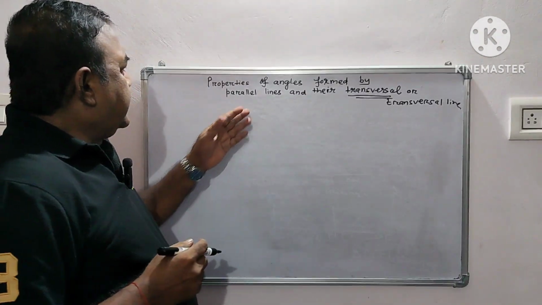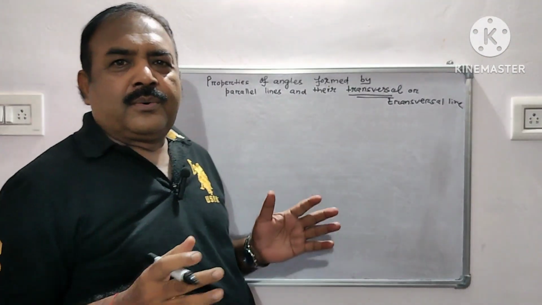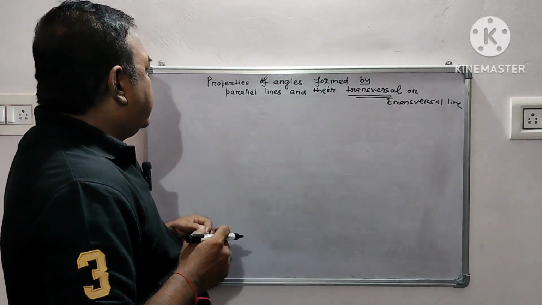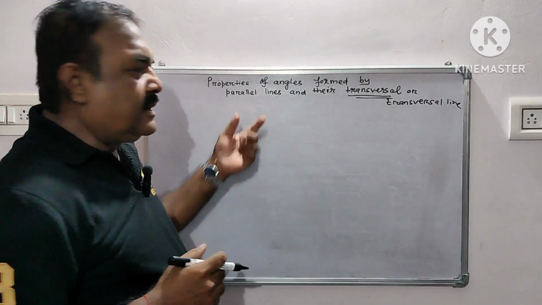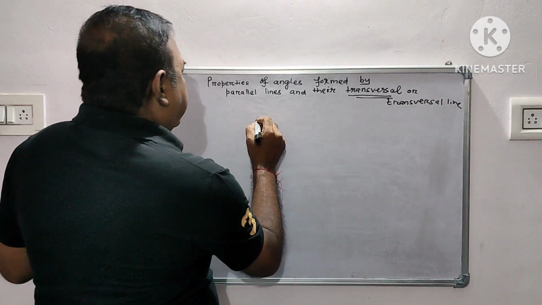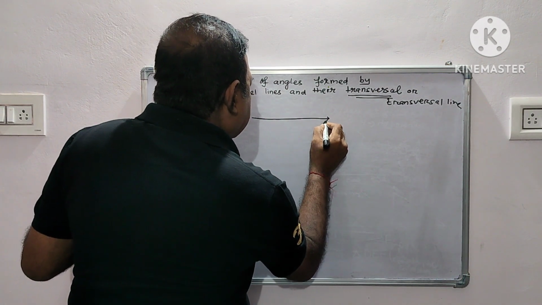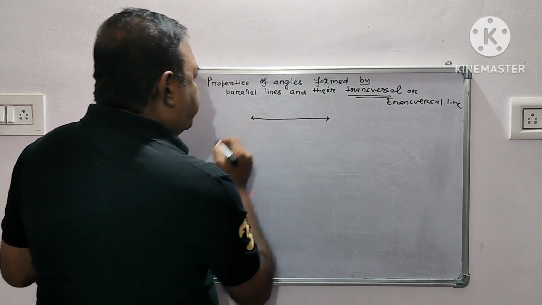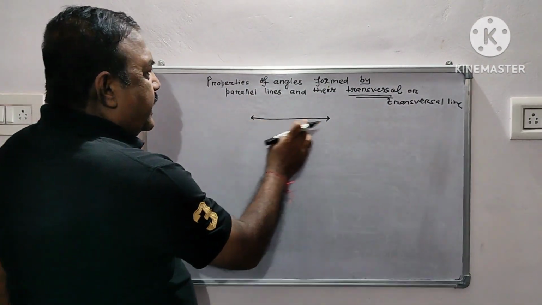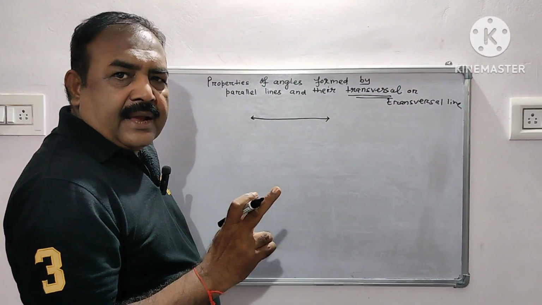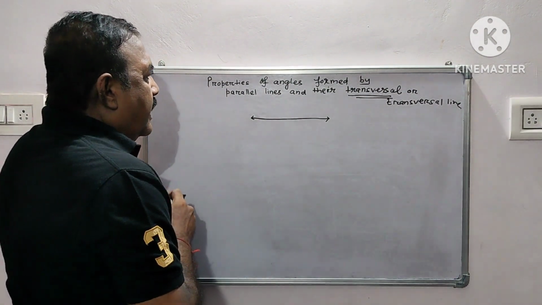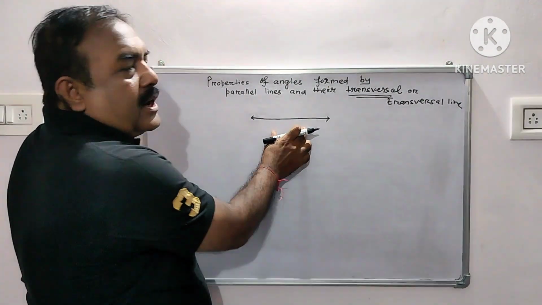And before going to this, I want to make you remember what parallel lines are. Okay? So you see, I can represent a line like this. Let it be a straight path, and both arrows are here. It is a line, but we cannot draw a line.